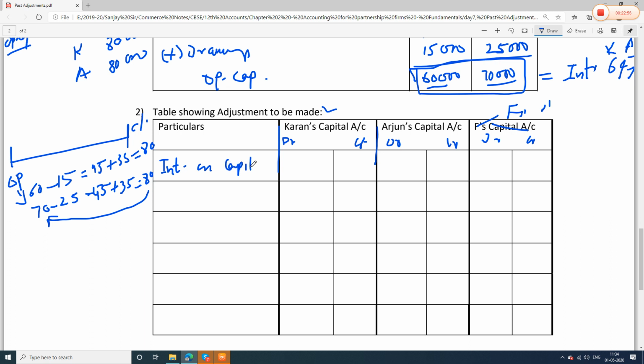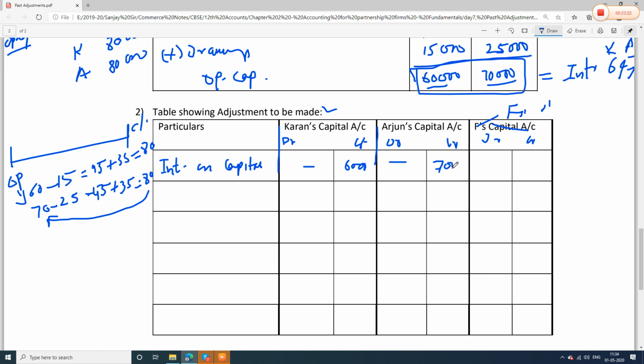Interest on capital: their opening capital is 60,000, so he will get how much? Credit side 6,000, because in the capital accounts, whatever is added to the partner's account goes to the credit side. Here nothing. And Arjun is also getting interest, 7,000 rupees.